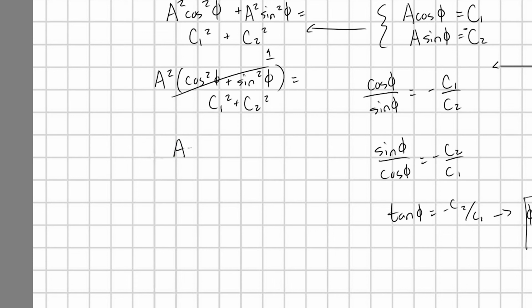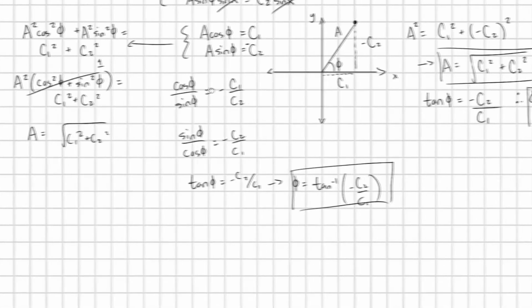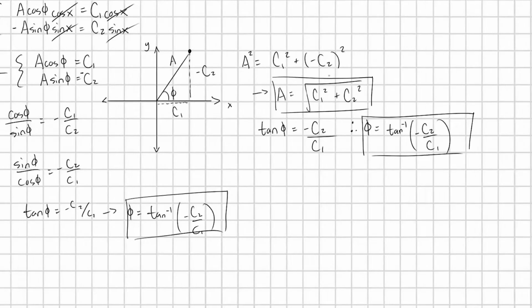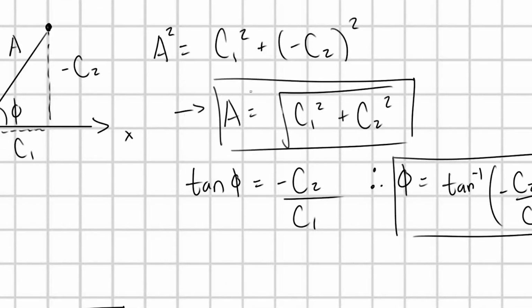And so we're left with A equals plus or minus the square root of C1 squared plus C2 squared. And again, we choose to take the positive answer. And bingo. Of course, this matches exactly with the form that we derived earlier.